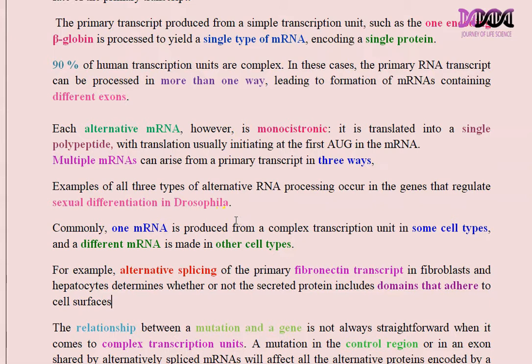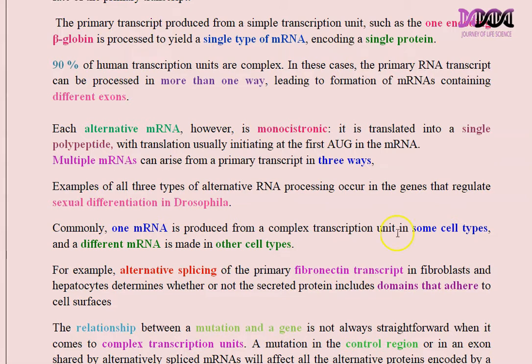Commonly, one mRNA is produced from a complex transcription unit in some cell types and a different mRNA is made in other cell types. One cell requires one kind of amino acid sequence within the same protein, and other cells require another type. Using alternative splicing, or alternative mRNA production, the cells can achieve the required amino acid sequences.